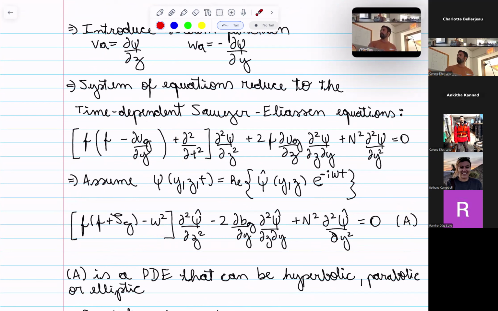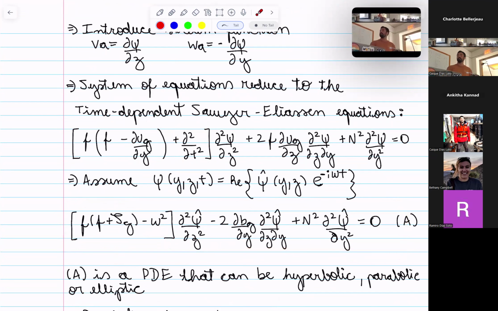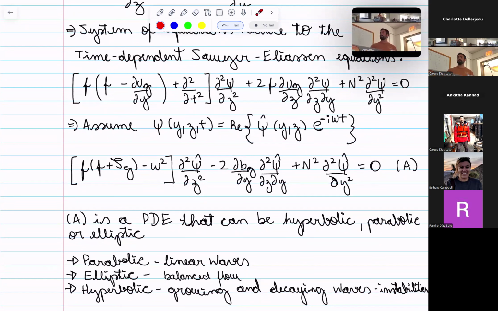And now, last part of the derivation, this equation is a PDE, and it's a second order PDE. I don't know if you guys remember, but a PDE can be parabolic, hyperbolic, or elliptic. For these different sorts of PDEs, you're gonna have different solutions.